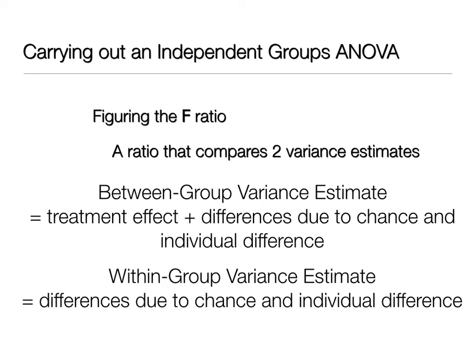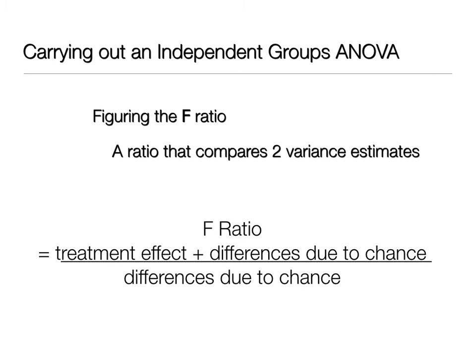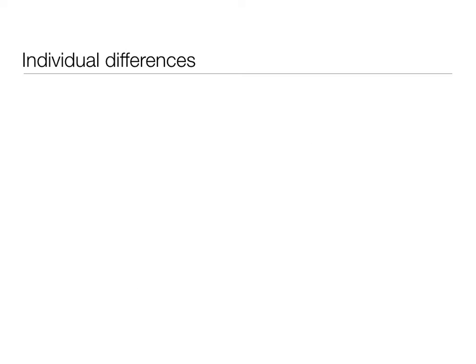That again was our error term, and so it had differences due to chance and individual differences. Again, that's because it's an independent groups ANOVA, and in a between subjects design, individual difference is part of it. So we had treatment effect and differences due to chance, over differences due to chance and individual differences, and these just cancel each other out.